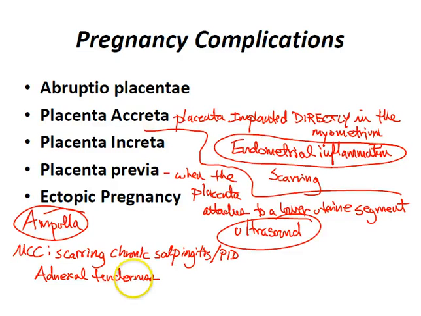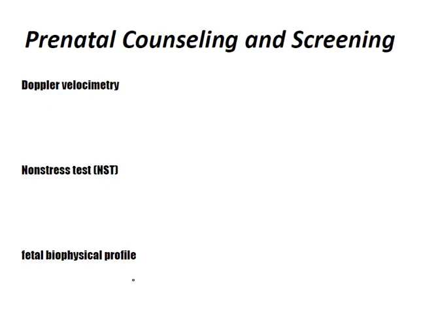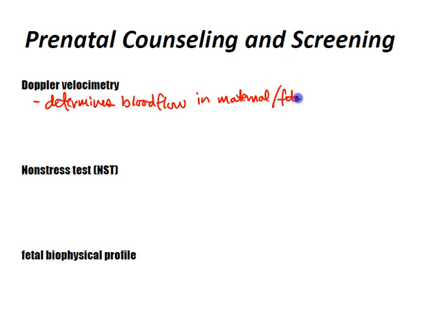So now let's go on to prenatal counseling and screening. All right. Doppler velocimetry determines blood flow in maternal and fetal vessels, and is an indication of uteroplacental blood flow.